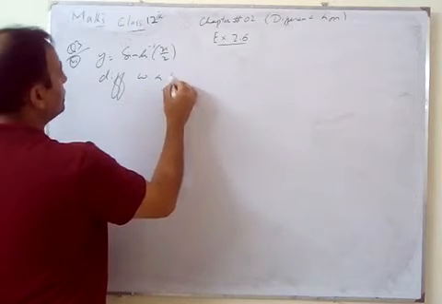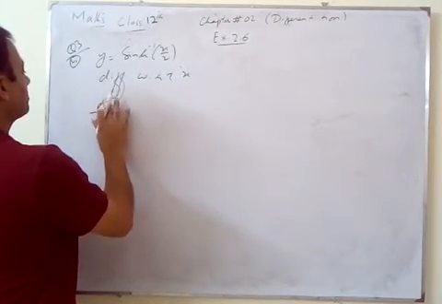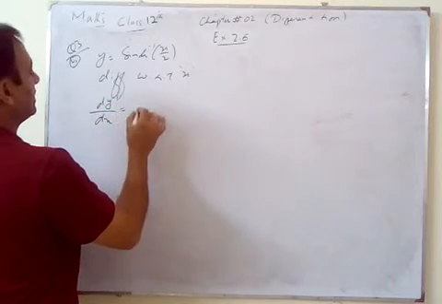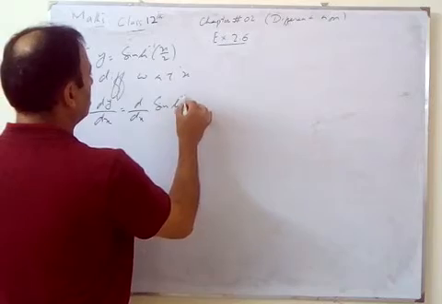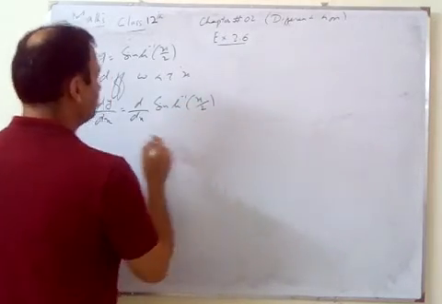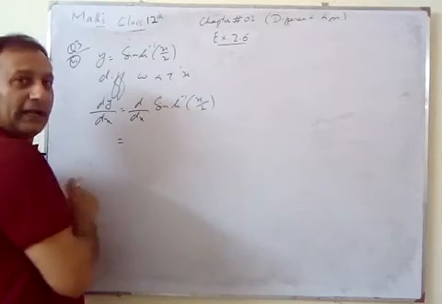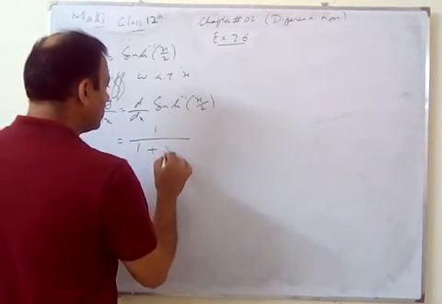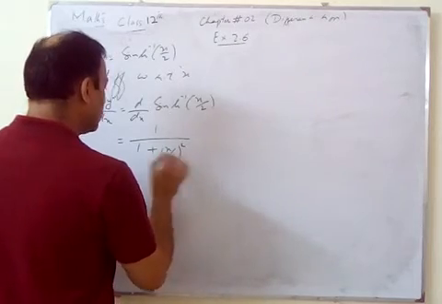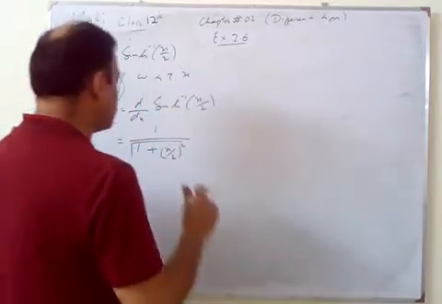Differentiate with respect to x, dy by dx. Here the derivative of sinh inverse is 1 over square root of 1 plus (x by 2) whole square. This is the formula which is here.